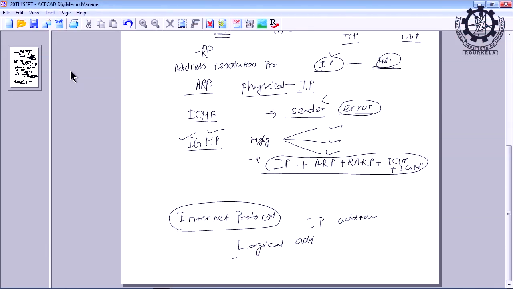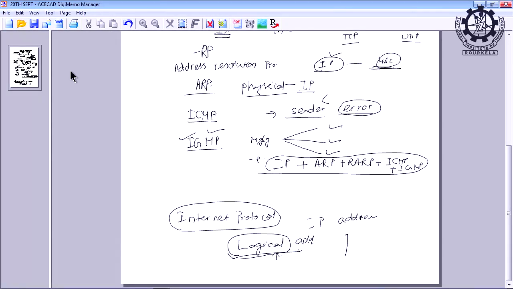What does it mean? This address is logically designed by the designer, keeping in mind the location of the host and the kind of addressing mechanism used for that host or network. Some logical designing mechanisms are used to give the address to a particular host, so we say it is a logical address.